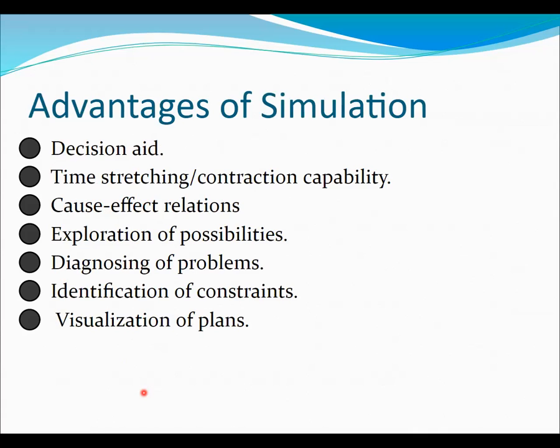So what are some of the advantages of using traffic simulation? It's a good decision aid. It can help you make decisions. It has time stretching and contraction capability, so you can run the model rather quickly by simulating a longer length of time in a short amount of time. You can figure out cause and effect relationships.